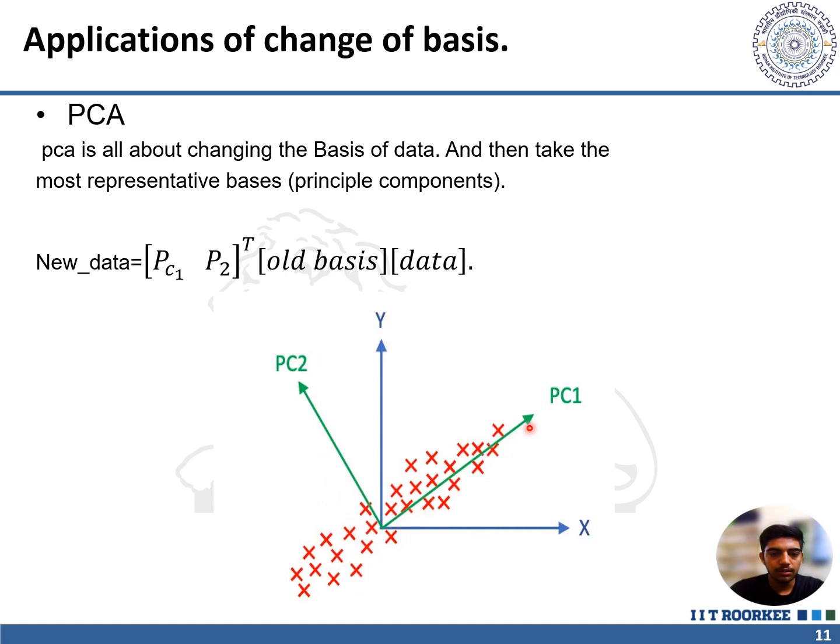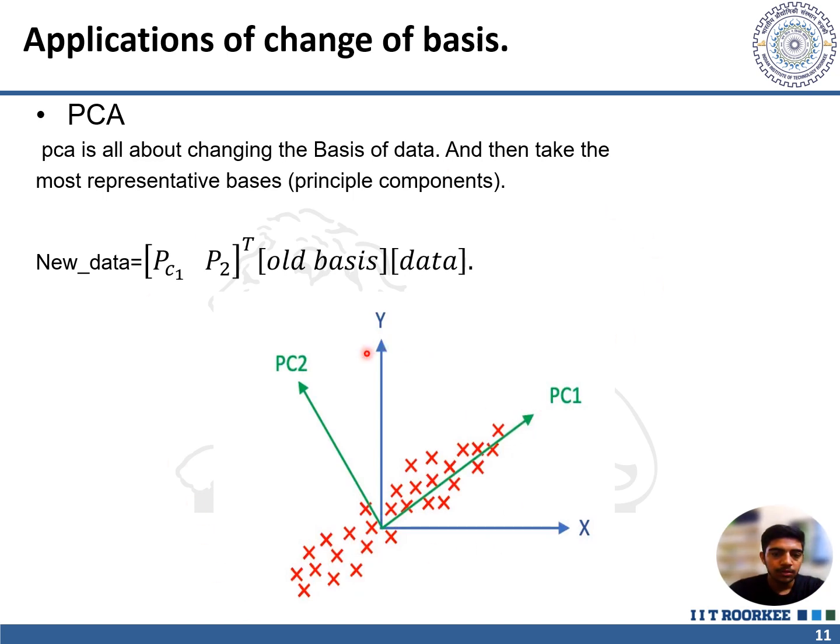PC1 will be the most representative of this data, and PC2 will be a lesser representation of the data. So we can choose PC1 as the most representative of the data and neglect this component.